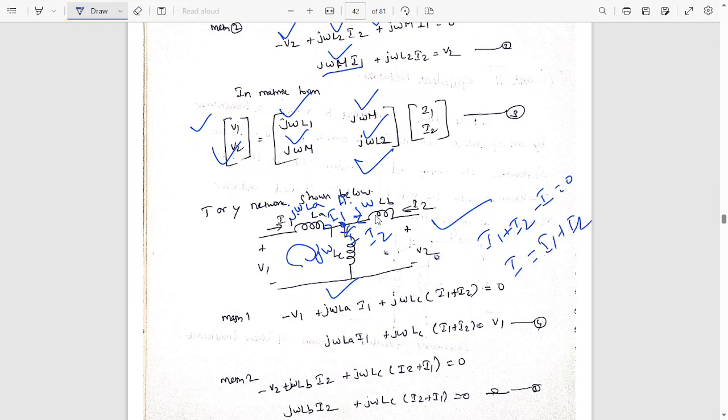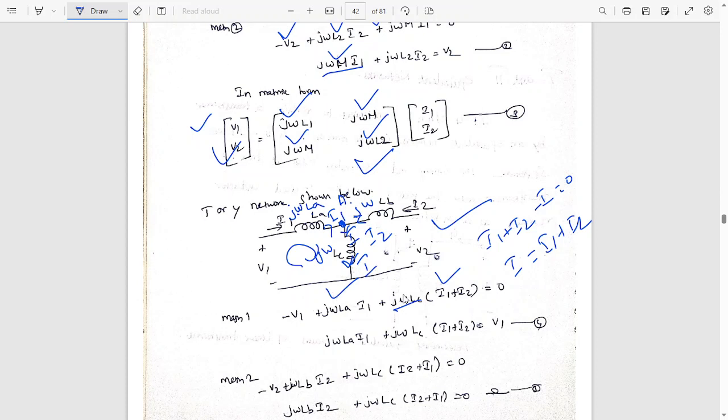Both I1 and I2 are going towards the node. So the total current I1 plus I2 flows through LC, so j omega LC multiplied by I1 plus I2. That is why I1 plus I2 is written here. What I have done is just applied KCL at this node, considering the current flowing here in the downward direction I.